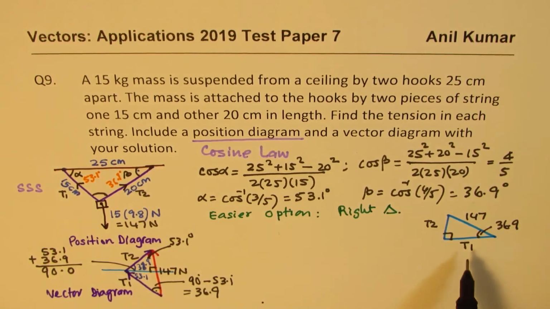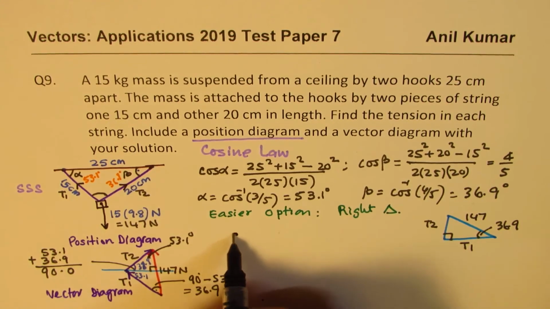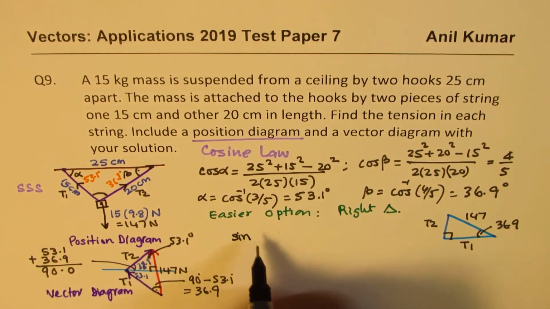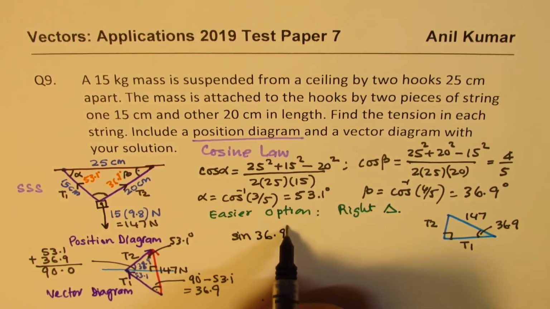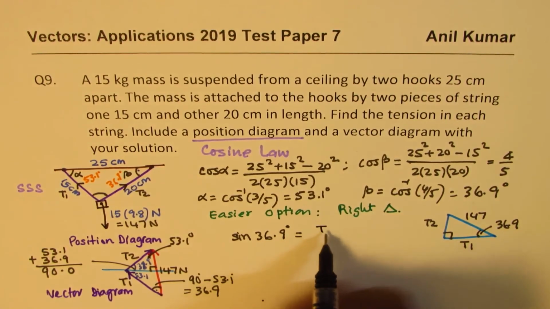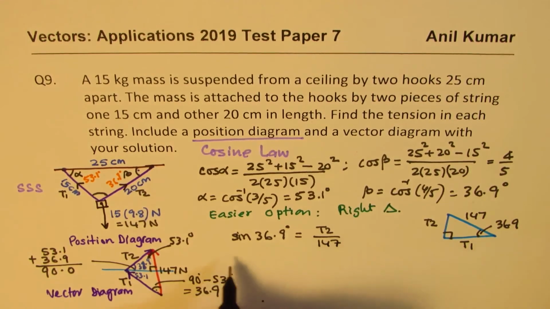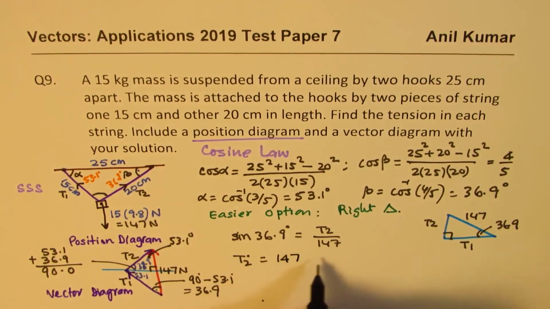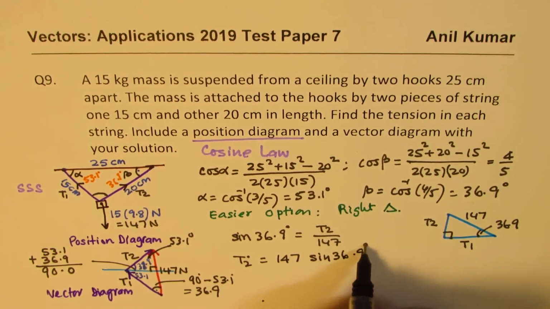Right? So from here, we can clearly write that sine of 36.9 degrees is equal to T2 over 147, and that means T2 is equal to 147 times sine of 36.9 degrees. Is it okay?